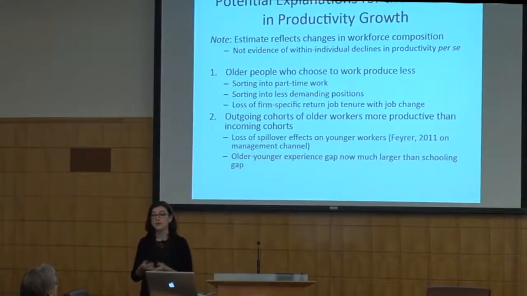So again, it's not saying anything about an individual's own trajectory in their potential productivity, but you can see these kinds of effects coming about if there are changes in the composition of labor supply at older ages coming from the micro level.